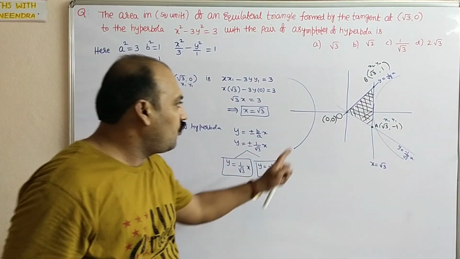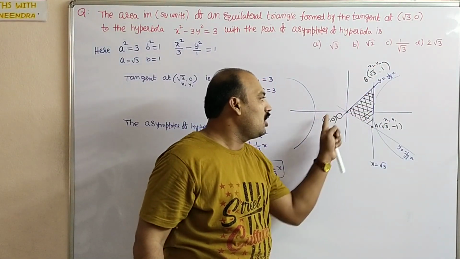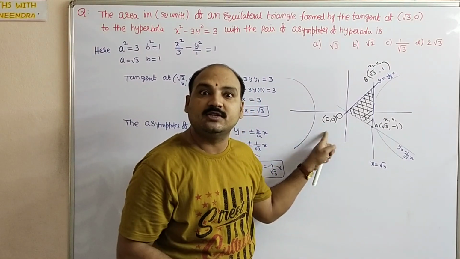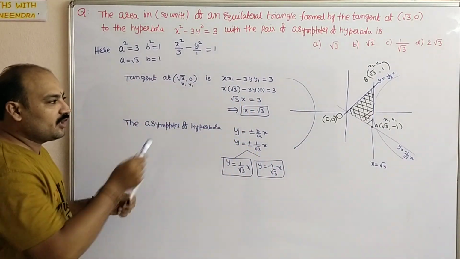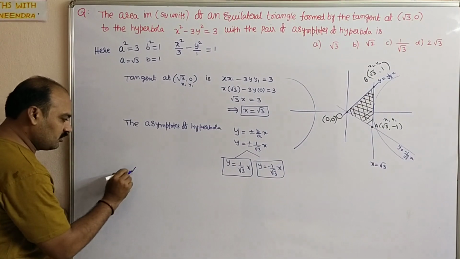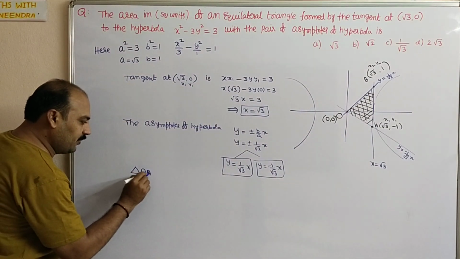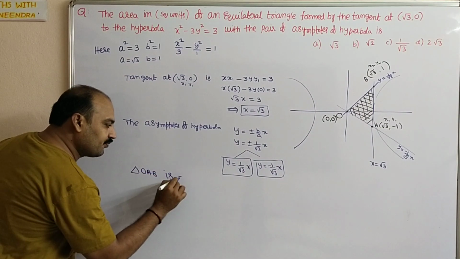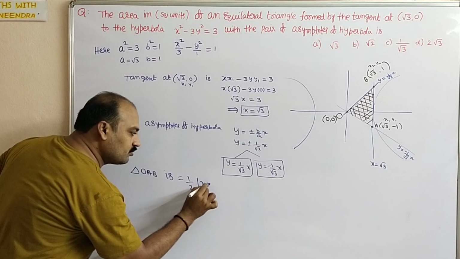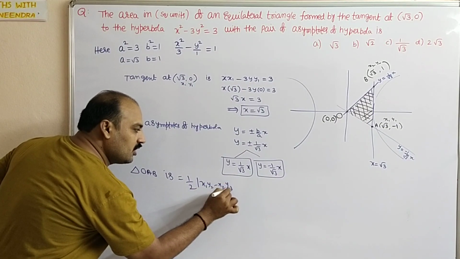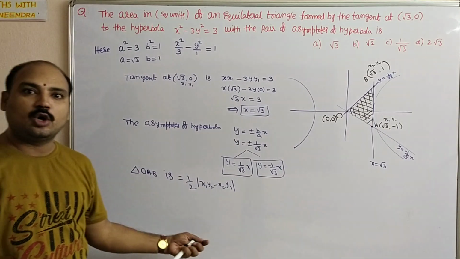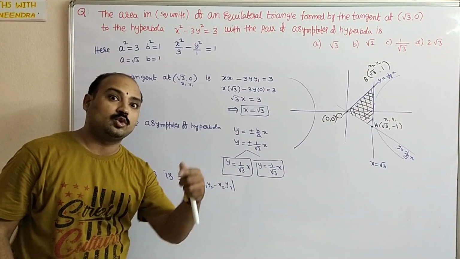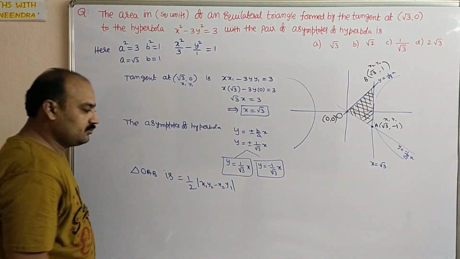The area of a triangle formed by 3 points, among which one of the points is the origin. The area of triangle OAB is half into mod of x1 y2 minus x2 y1. In the prerequisites of two-dimensional geometry, I have given this formula. Once you go through that video, you will get it.